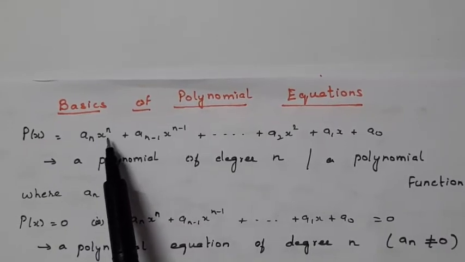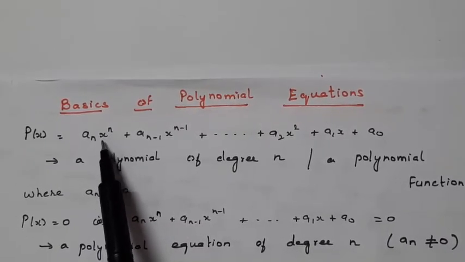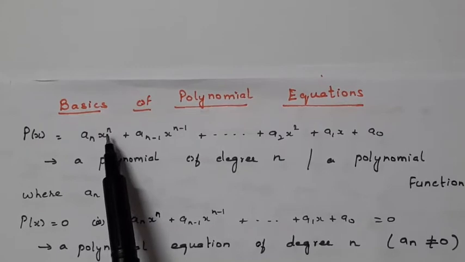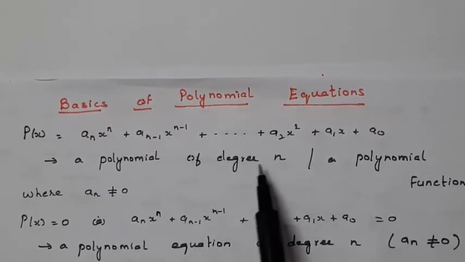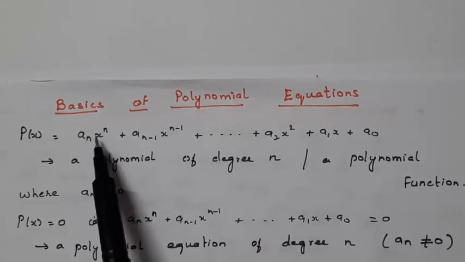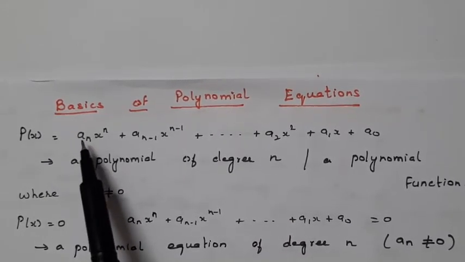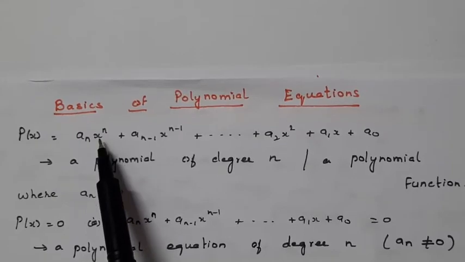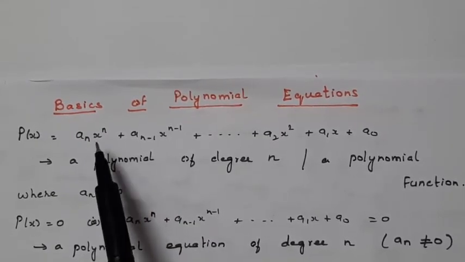Look, the highest power of the variable used is n, so it is a polynomial of degree n. As it is a polynomial of degree n, this a_n should not be equal to 0. If it is 0, it won't be a polynomial of degree n.